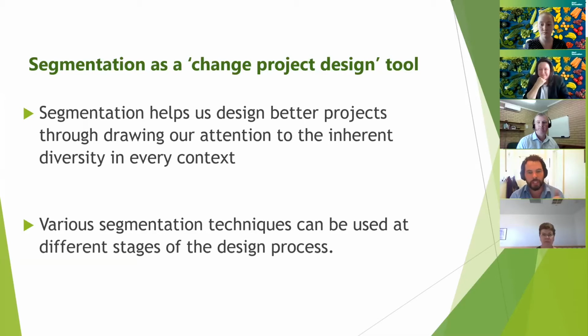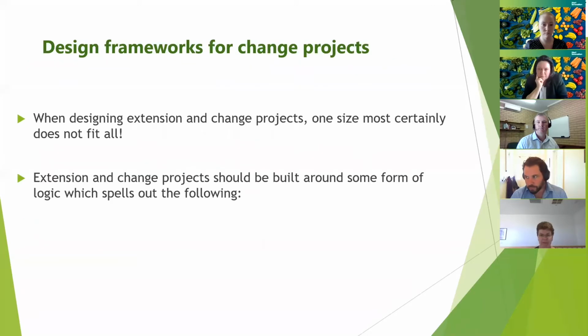Now, segmentation is ultimately a simplification of reality, but it takes us down the path from gross generalizations to more refined generalizations to help us make sense of what we're doing. It's an abstraction of reality, and so there are limits to it, but it helps. And various segmentation techniques can be used at different stages of the design process.